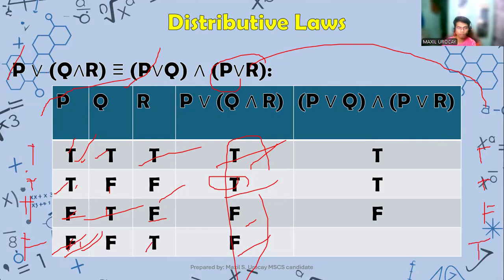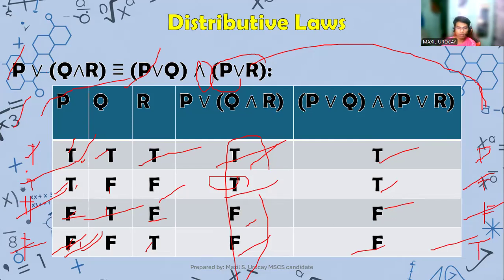So what will gonna happen? Let's try to multiply them. This is and. So we have this P or Q, and we have the P or R. So true times true is true. Then true times true is true. True times false is false. And false times true is false. So therefore, this is false here.